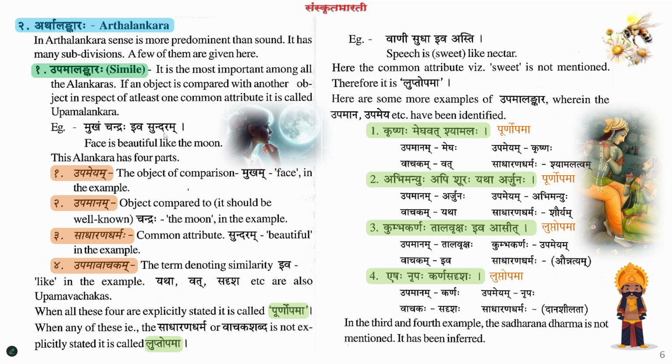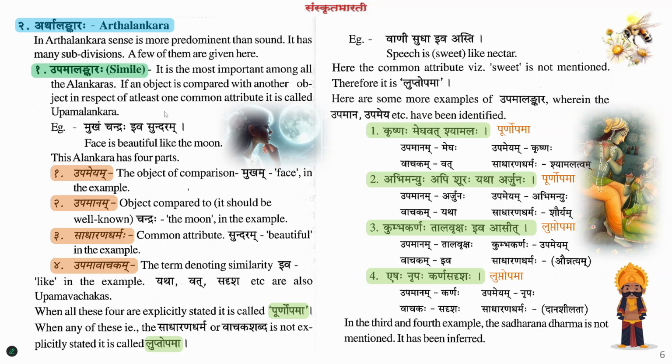It is called Upama Alankara. Mukham Chandraha Iva Sundaram. Okay. So the face like the moon, beautiful. So Sundaram is a Visheshana to Mukham. And if we take the Saundarya for Chandra also, Sundaraha, Chandraha, like that we have to take.